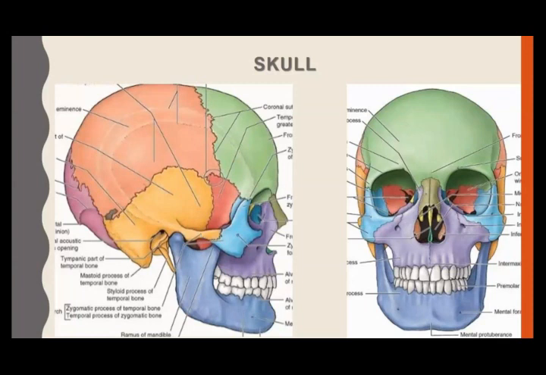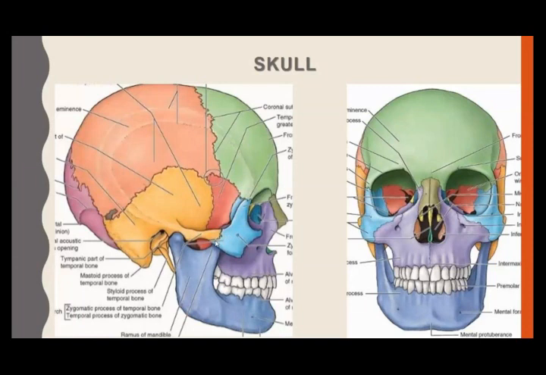The zygomatic arch is formed by two bones, the zygomatic process of the temporal bone and the temporal process of the zygomatic bone. Here, see the temporal process of the zygomatic bone.